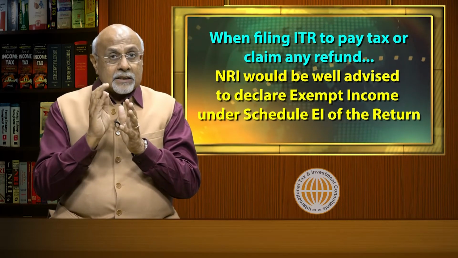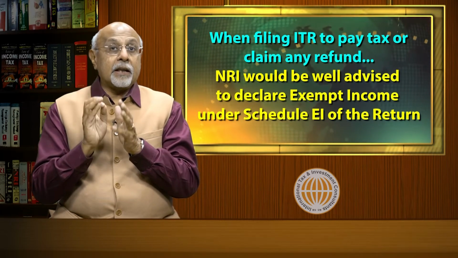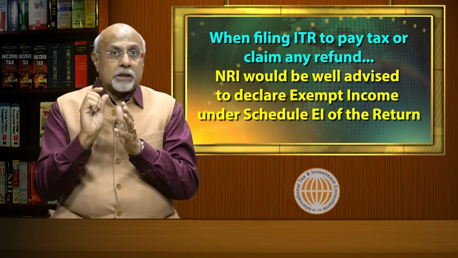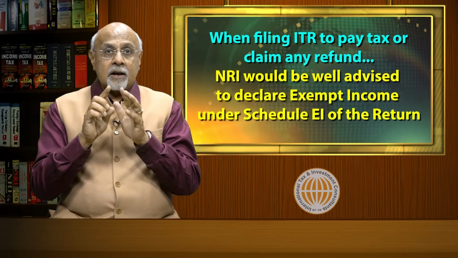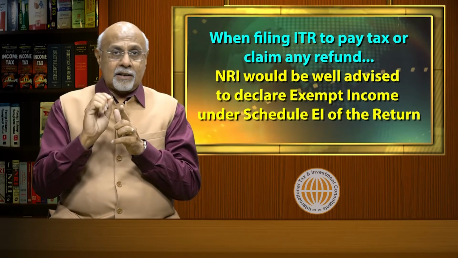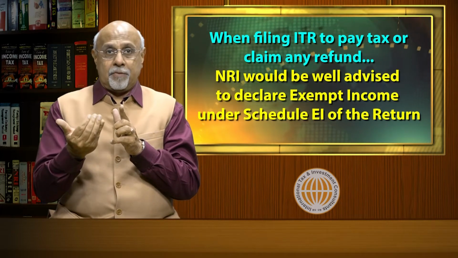In such a case, I think an NRI would be well advised to show the NRE and FCNR interest under what we call Schedule EI, that is a schedule where you declare your exempt income in the income tax return.